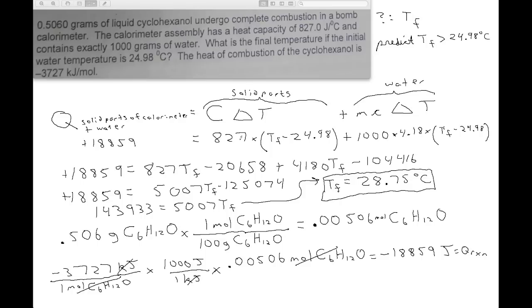Remember that in general, water tends to absorb more heat than other substances. So you can see generally most of the heat capacity comes from the water, as we've seen maybe in other videos. Water tends to absorb a lot of heat, so it would certainly be a big mistake to leave that out.